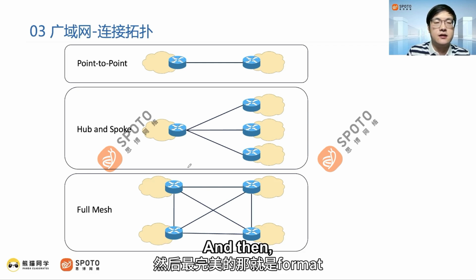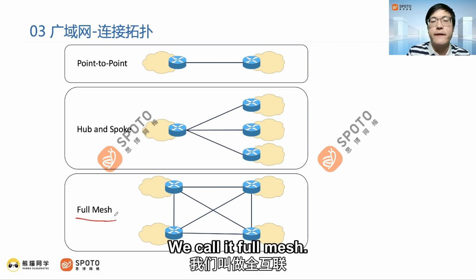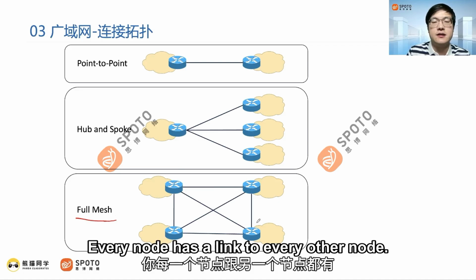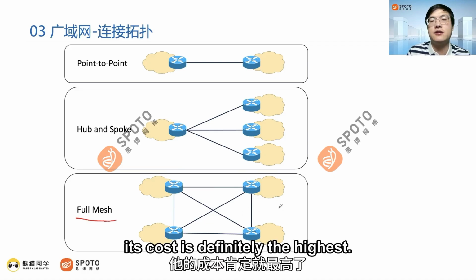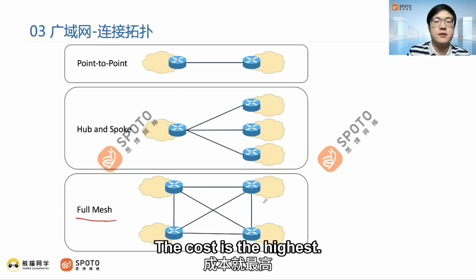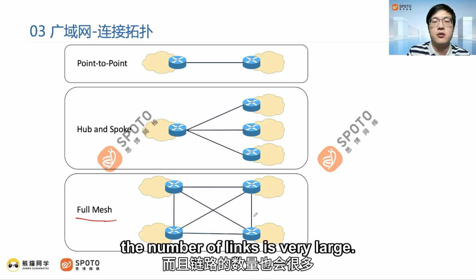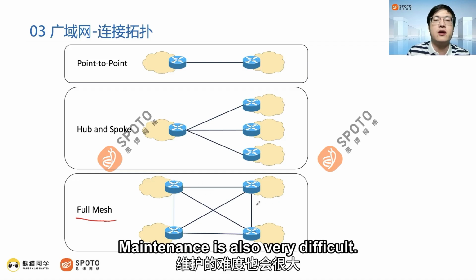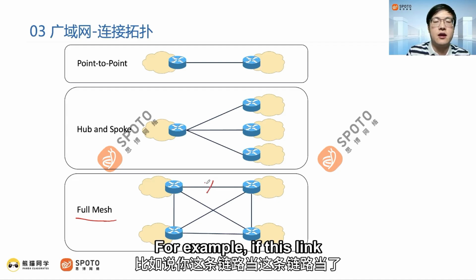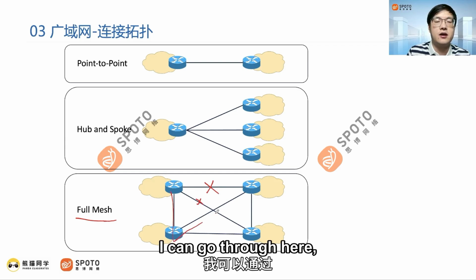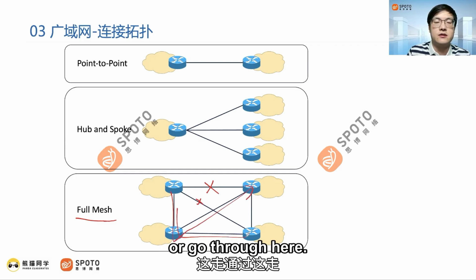And then, the most perfect is full mesh. Every node has a link to every other node. In that case, its cost is definitely the highest. The number of links is very large, and maintenance is also very difficult. But its redundancy is the best. For example, if this link goes down, I can go through here, or go through here.